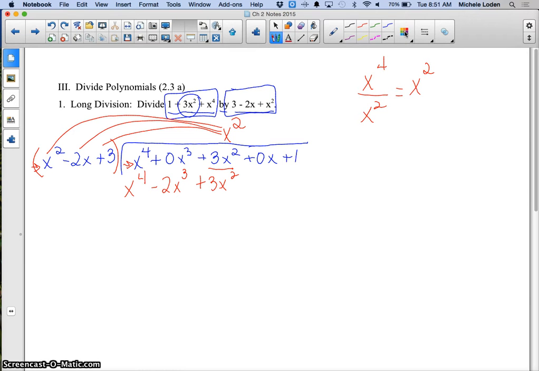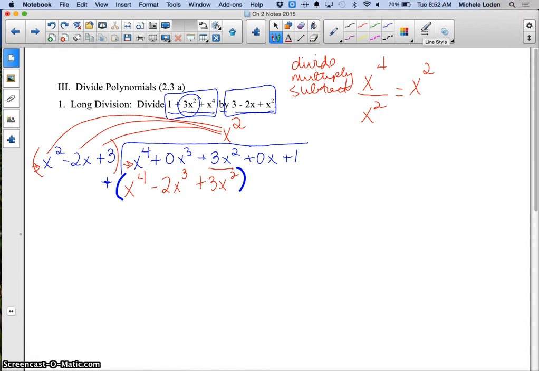Remember, with long division, when you learned that in 3rd or 4th grade, we divide, multiply, and then we subtract. When we are subtracting, we're subtracting the entire polynomial, so we have to distribute the minus to each term.